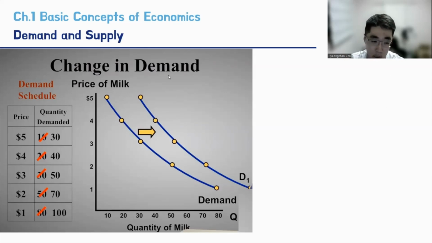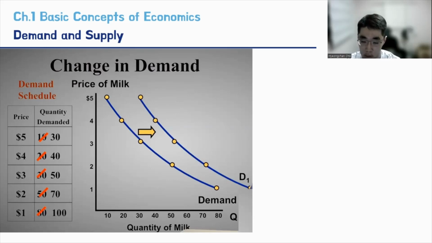So imagine that the whole combination is moved to the right, and because of that, the whole curve is moved to the right like this, because the demand at each price is increased because of the shock.